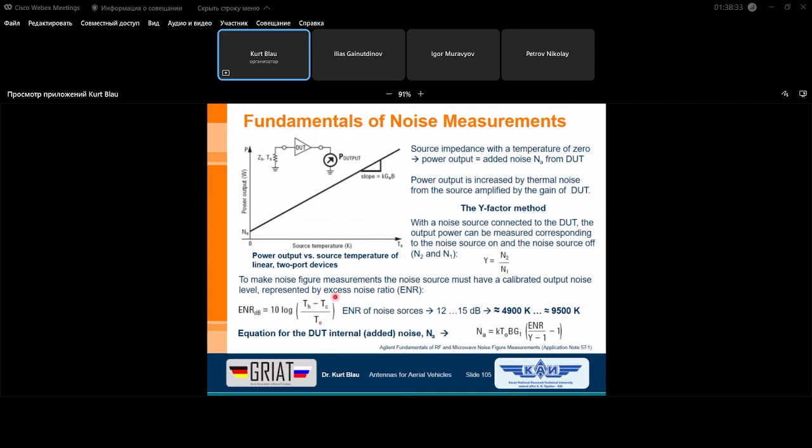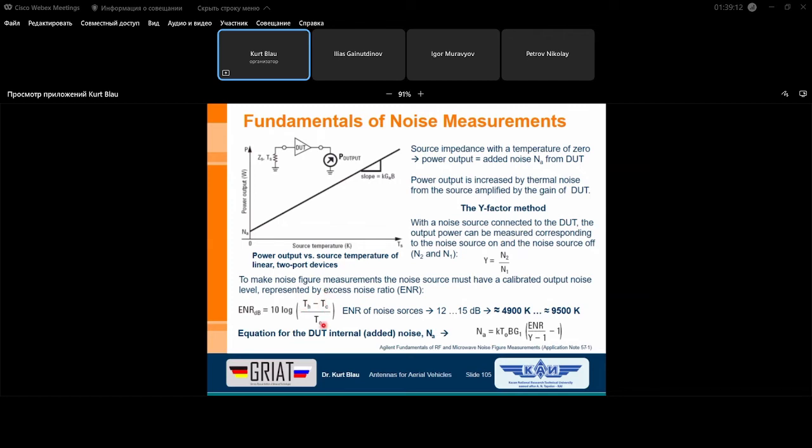Normally the cold temperature is the same value as this here, but we make a difference here because it could be possible that if we switch off this noise source, this avalanche diode system, the temperature coming out from this device going to the input of our device under test is different to the reference temperature of 290 Kelvin, and this is the reason why we have to insert a T cold.